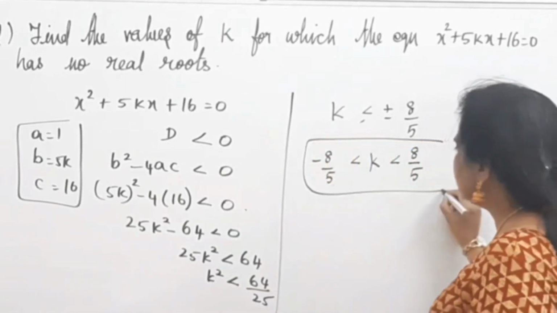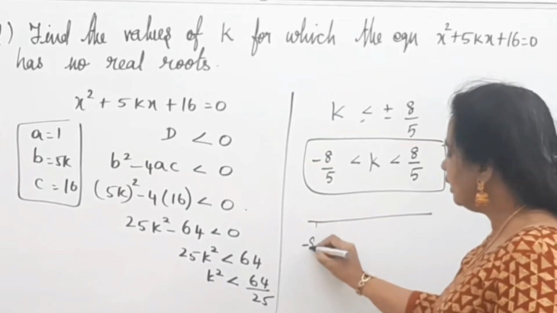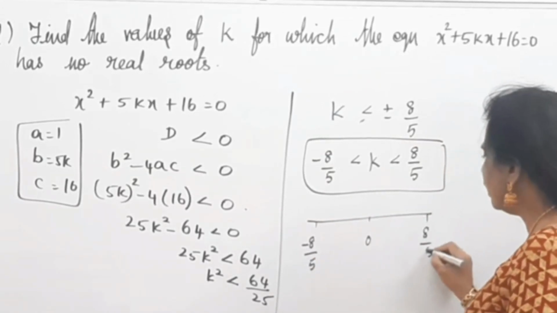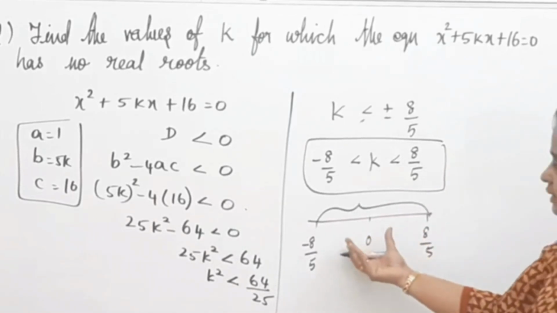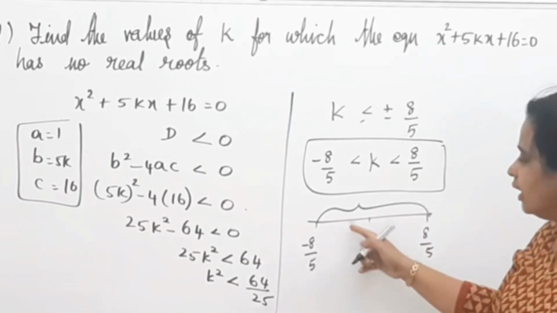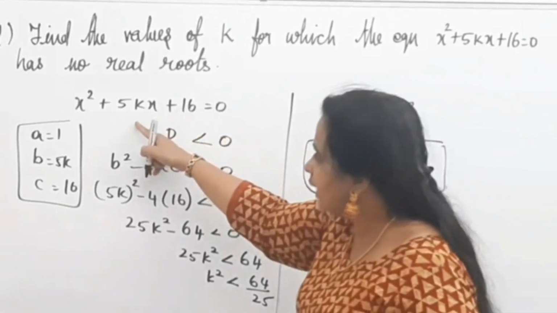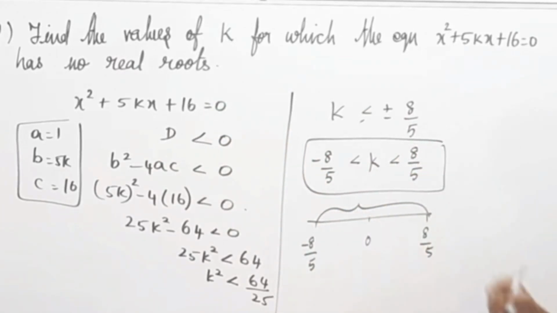So in between this interval, you can see here on the number line minus 8 by 5, 0 and plus 8 by 5. In between these numbers, in this interval, we can say that any value that k takes, it will have no real roots. That's the understanding of this question.